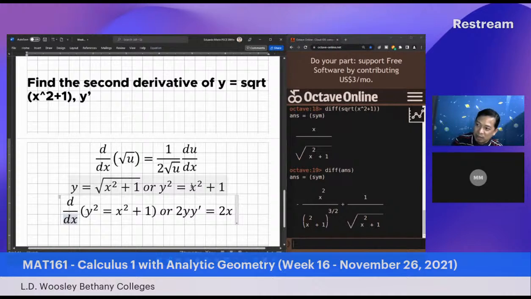So the derivative of x squared is just 2x, and the derivative of the plus 1 is 0. When you take the derivative of y squared, it is 2y, then you insert y prime. Make sense? That's the difference.